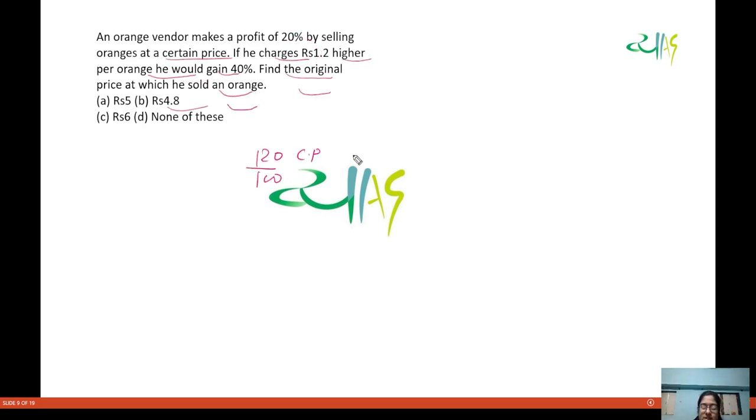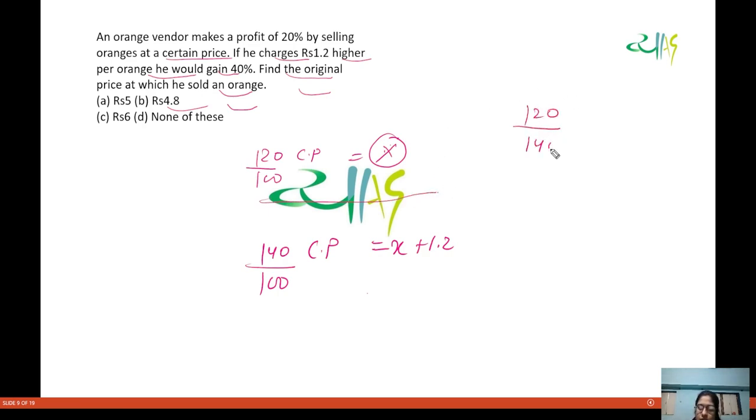120 by 100 of cost price. He was gaining some profit, let's say x, and when he is selling at 140 by 100 of cost price, he is gaining some profit which is x plus 1.2. And it is asking to find the original cost price. So now you can find it from here. Divide this, so this becomes 120 by 140.